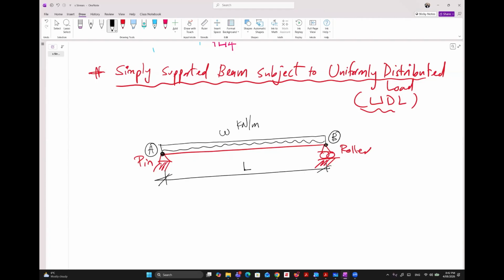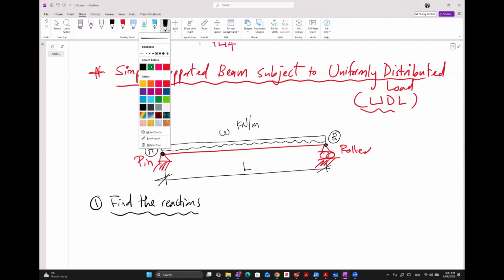So now if we want to do the same as we have done just now for the first beam, what is the first step, if you remember from the previous one? We need to find the reactions. Can anyone guess how many reactions we have here?